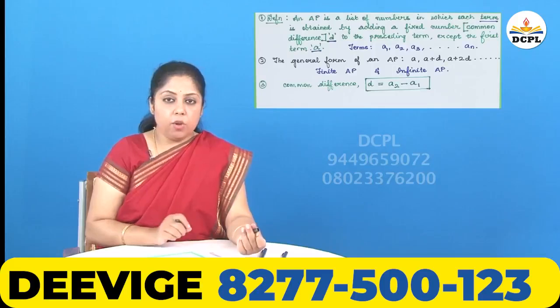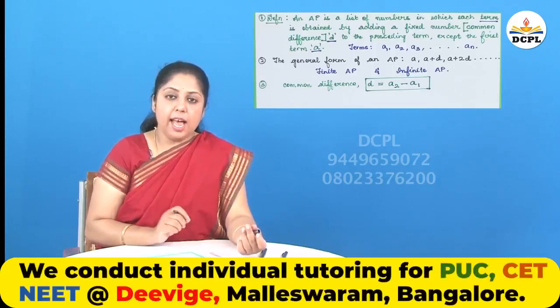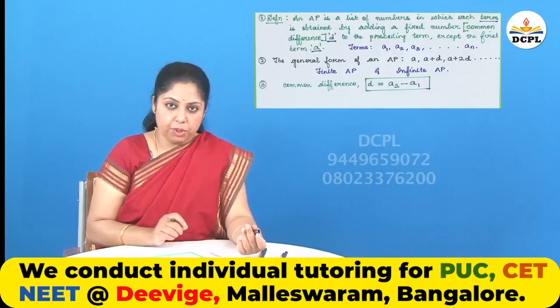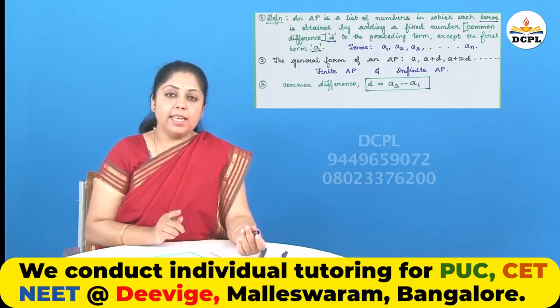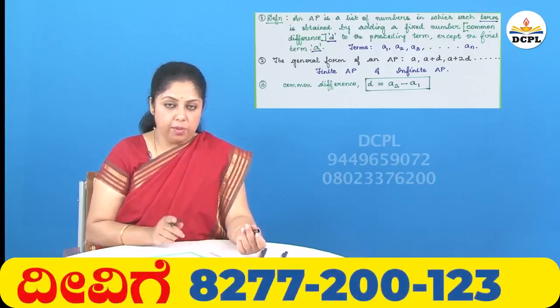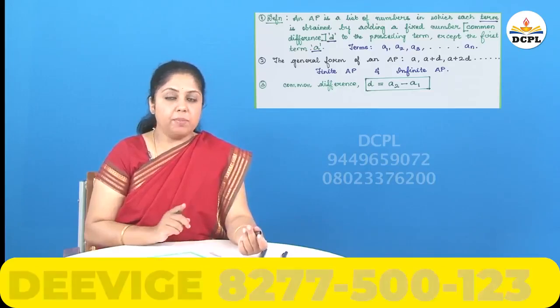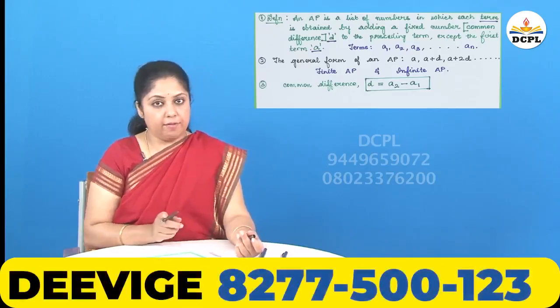That is, it is always the difference between the succeeding term and the previous term. And this common difference has to remain constant throughout the arithmetic progression. And always D can either be a positive, negative or a zero value. Whereas N always is a positive natural number. Again A, that is the first term, can either be a positive or a negative value.